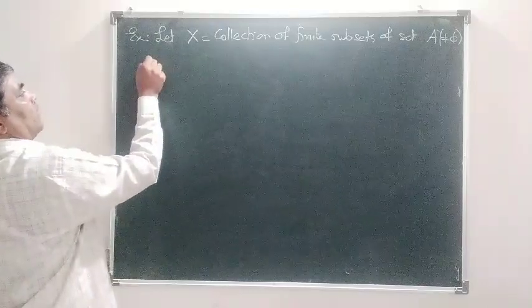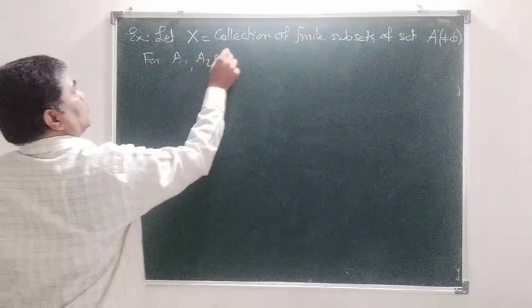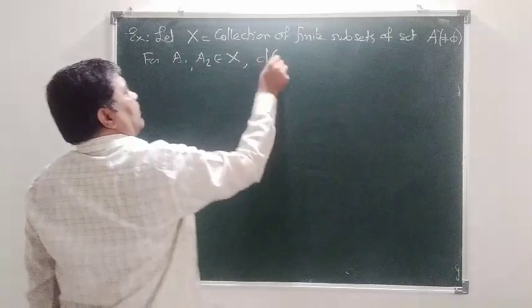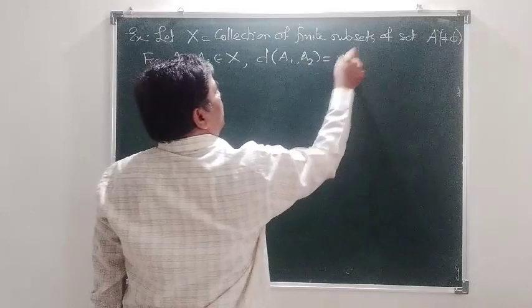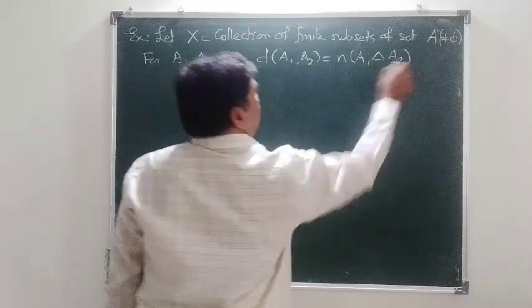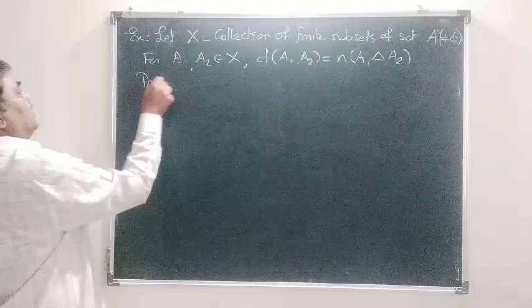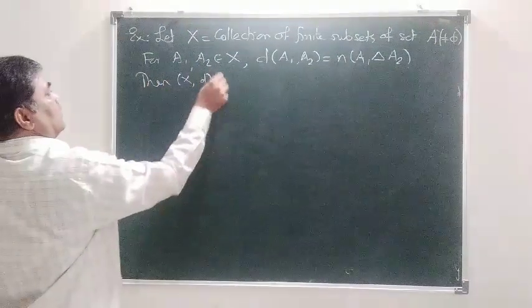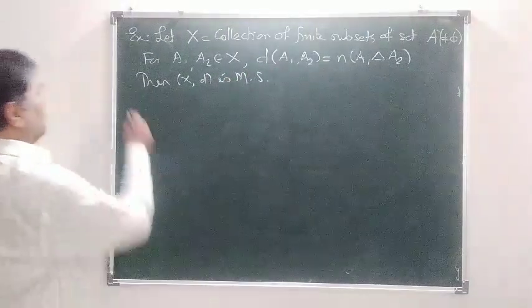Define D for A1, A2 belongs to X. We define D of A1, A2 is equal to the number of elements in A1 symmetric difference A2. Then X D is a metric space.